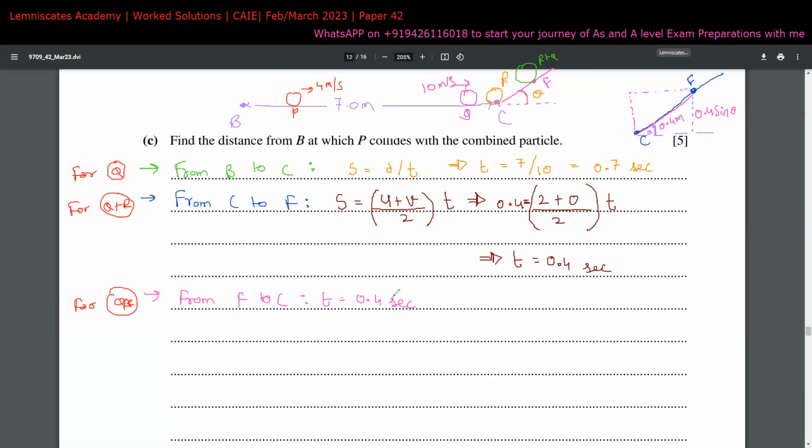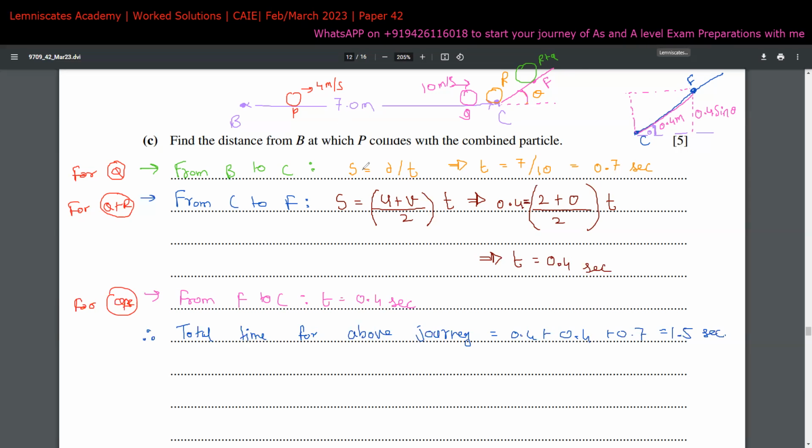If you add 0.4 with 0.4 and 0.7, it comes out to be 1.5 seconds. So the total time for the above journey is 0.4 plus 0.4 plus 0.7, which, as I mentioned, is 1.5 seconds.